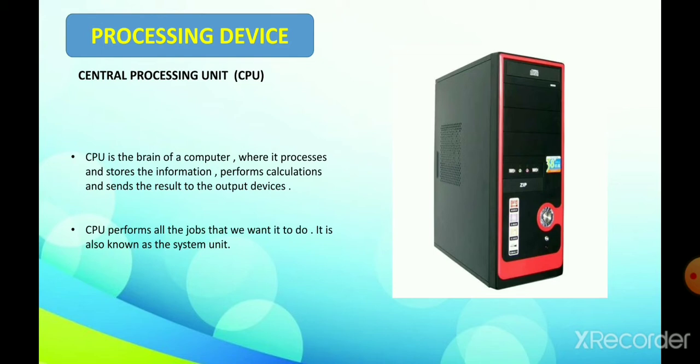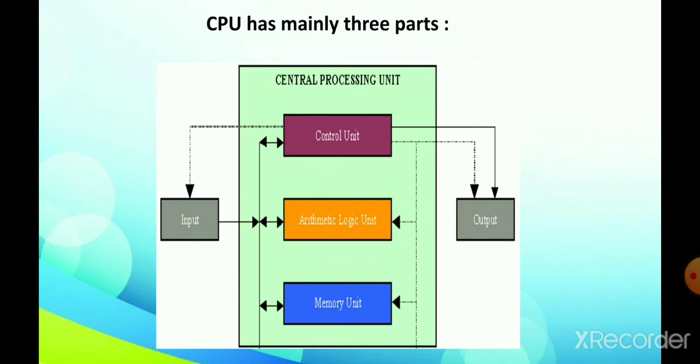CPU is divided into three main parts. In this picture, see, control unit, arithmetic logic unit, memory unit. First is control unit. The control unit works like a traffic policeman and manages all the operations of a computer.